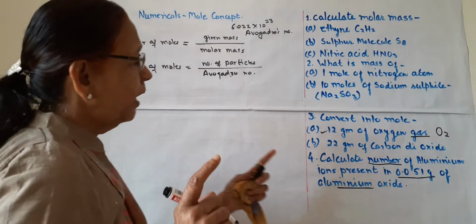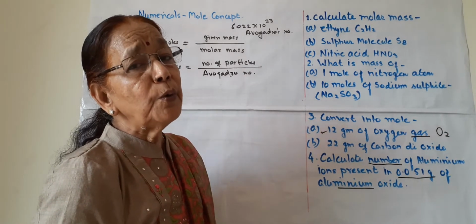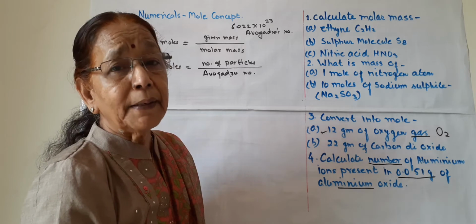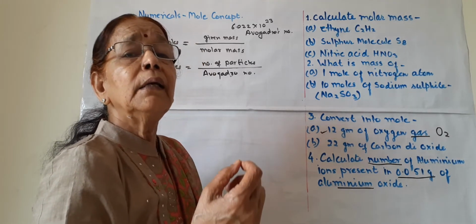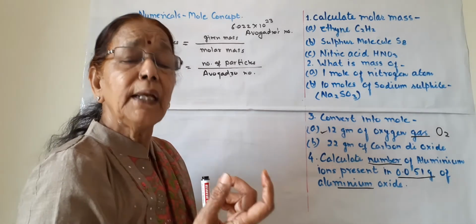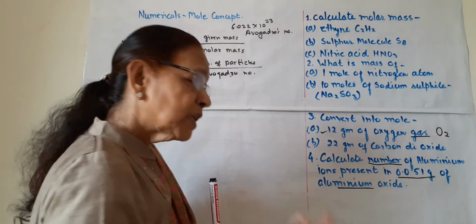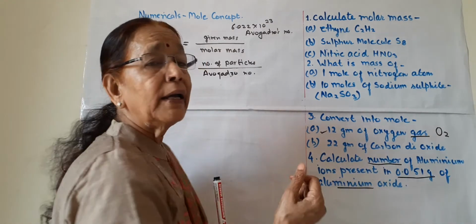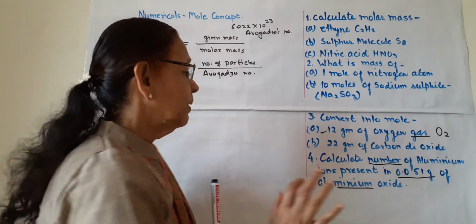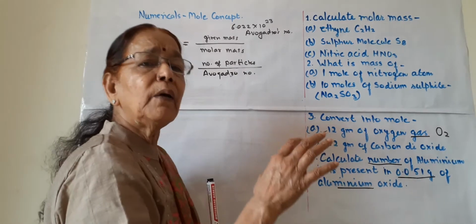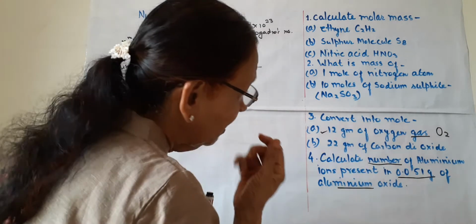First I want to tell you that the mass of ions is equal to the mass of atoms, because ions differ only by 1 or 2 or 3 electrons, and electrons have negligible mass. So the mass of an ion is equivalent to the mass of an atom. Whether ions or atoms are written, it is one and the same thing.